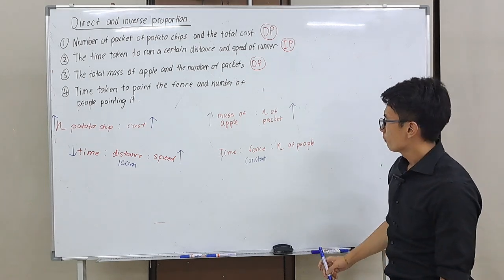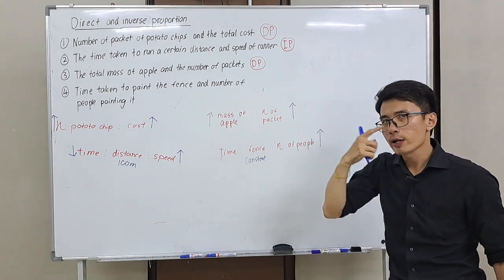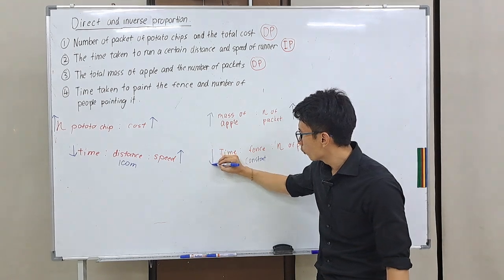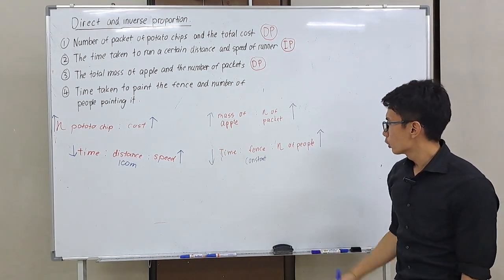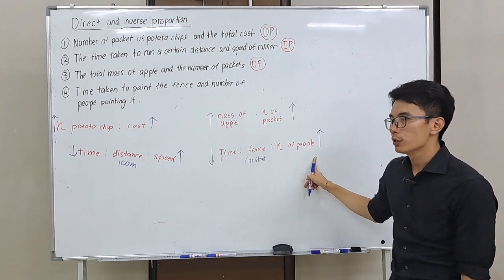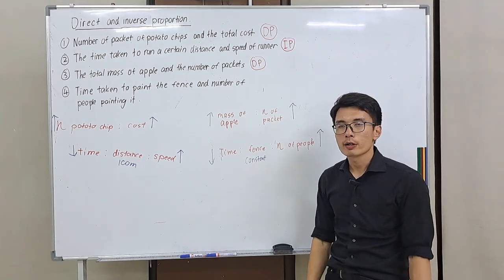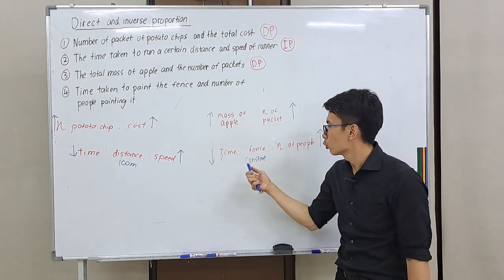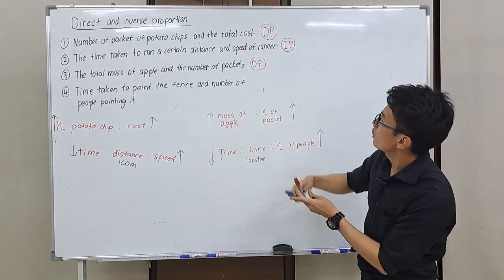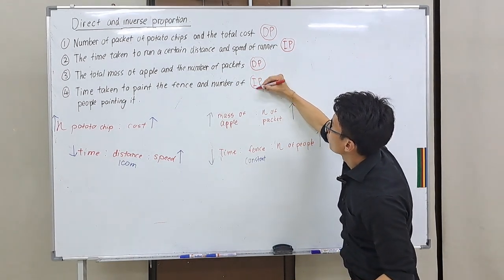If I increase the number of people painting the fence, what do you think will happen to the time? It should go down, correct or not? Similarly, if I reduce the number of people painting the fence, I should have more time. I will take more time to complete it, right? So again, down, up. So we know that this is an example of inverse proportion.